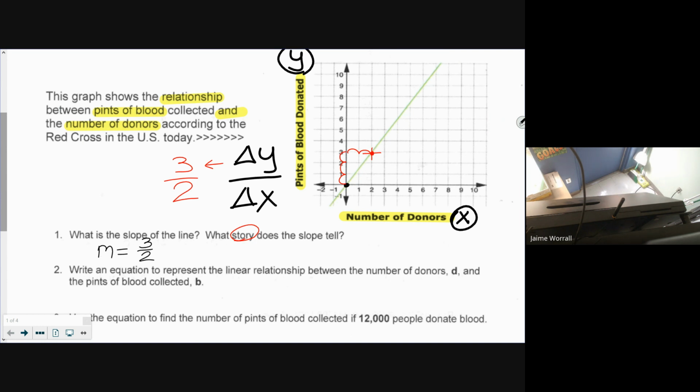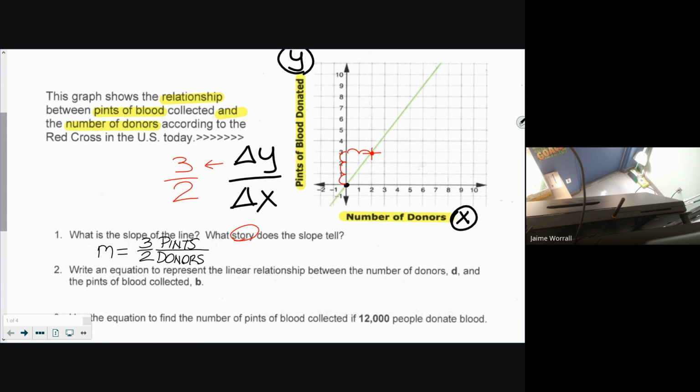So 2 donors produce 3 pints. Siri is telling you something. It's as easy as that. Okay, so I keep saying Best is giving, it's like a give and take.